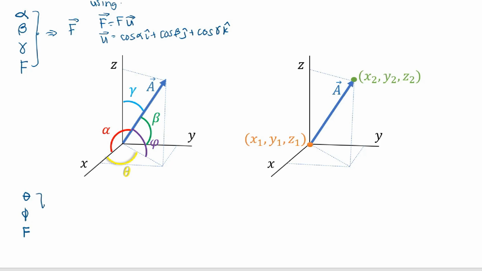If these are the givens and we have to express our force as a Cartesian vector, we will use the formula F is equal to Fx i hat plus or minus Fy j hat plus or minus Fz k hat. That will be the formula in finding the Cartesian vector.